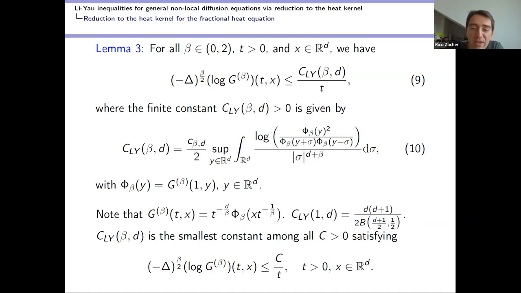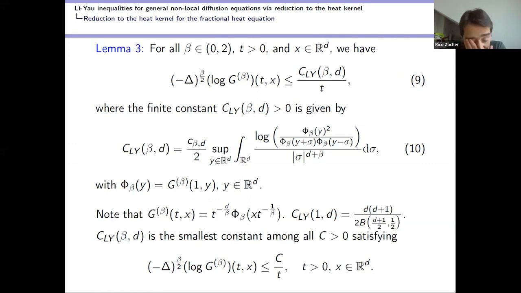I can make another comment concerning the approach via curvature dimension inequalities. I told you at the beginning, there are these counterexamples. There's no CD inequality like for the Laplace operator, but of course, it would be nice to have a proof of the Li-Yau inequality, which relies on suitable curvature dimension inequalities, let's say for the fractional Laplace operator.